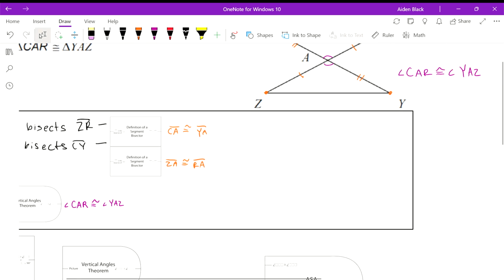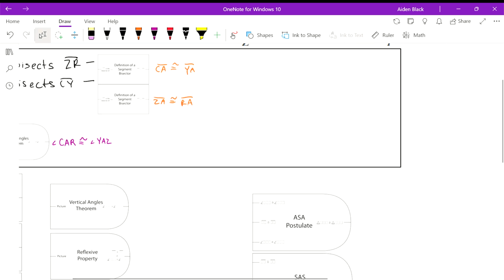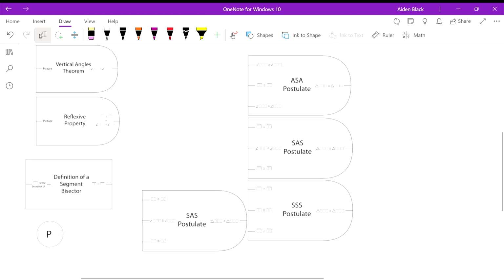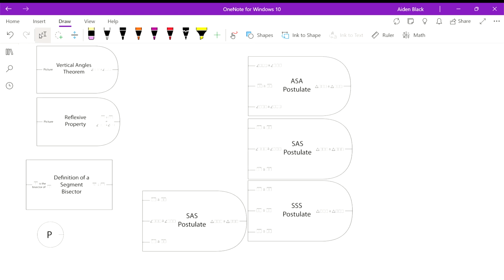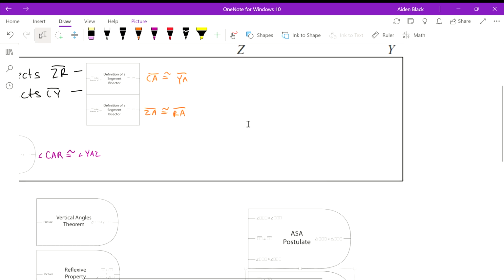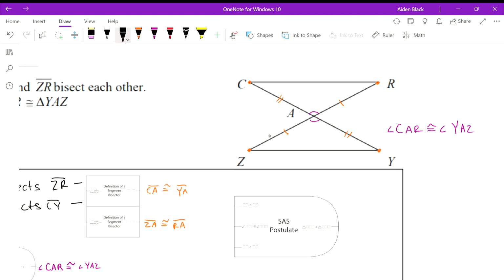So we have 2 sides and 1 angle. 2 sides and 1 angle. Which one of those should we use? Side angle side. Sweet. So we can look at the order here. Side, angle, side.